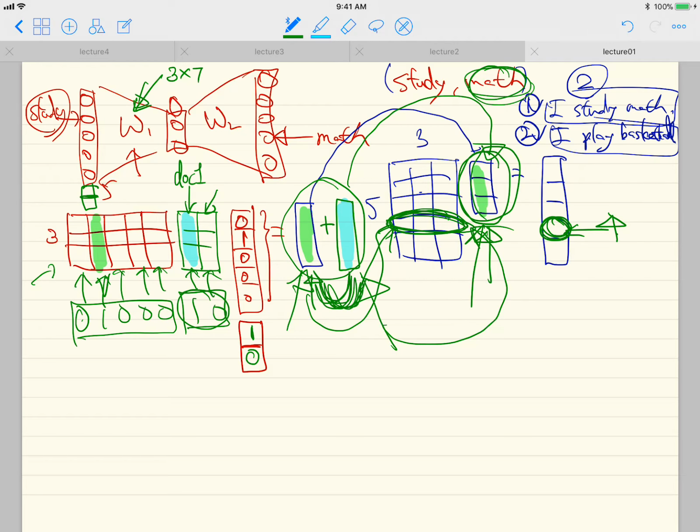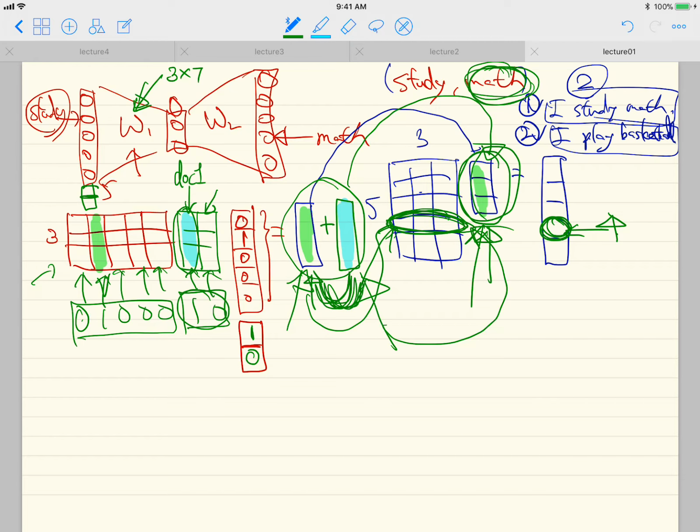So all the five words and two documents are now living together in the same space. That is the main problem setting in doc2vec. And then the first document vector is actually getting close to this mass. So this is basically doc2vec.